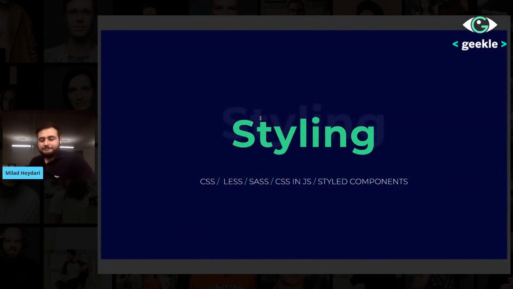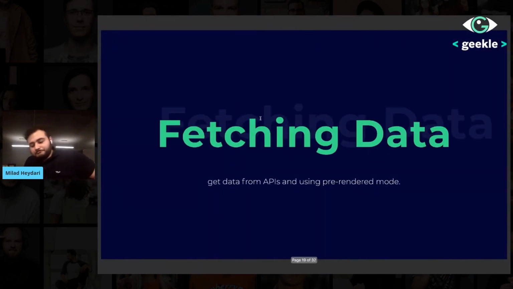Let's get back to my slides. The next interesting part is fetching data. The default way to fetch data from the server inside React is by using componentDidMount or useEffect.